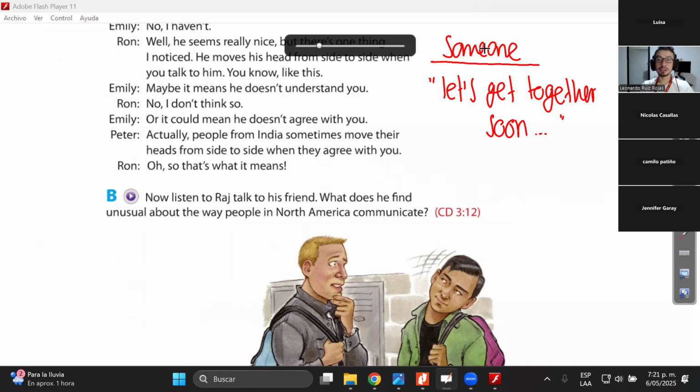Well, not something, sino someone. Someone, which is alguien, because something is algo, no? But someone says, and the sentence is, let's get together soon. Not see you soon, sino let's get together soon. That is the real sentence. And the meaning of that sentence then, it's what Nicolas says, is not really like an invitation for a reunion, but it's more like a way to close the conversation, no?